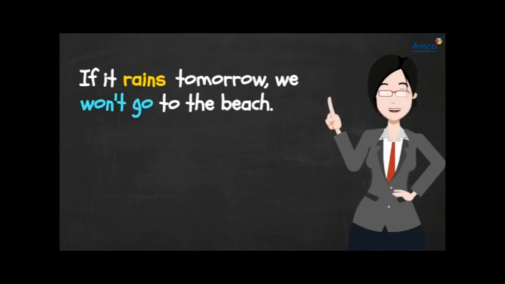If you pay attention there, the yellow verb is in present. In the if clause, the verb is in present. And in the main clause, the words in blue are in future. So, something in the present will give you a result in the future.